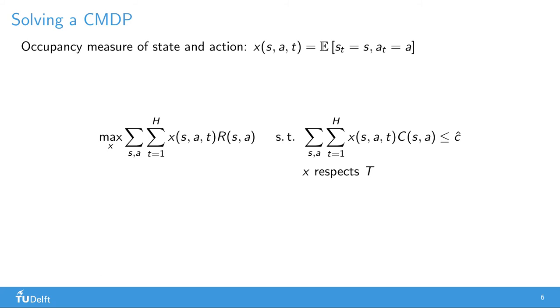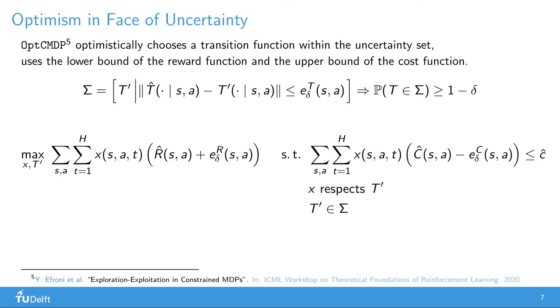However, in reinforcement learning, we don't know the model, so we need to explore the environment to learn the optimal policy. Here, we use optimism in the face of uncertainty to decide between exploration and exploitation. Using the previous experiences, we can create an uncertainty set that contains the true constrained MDP with high probability.